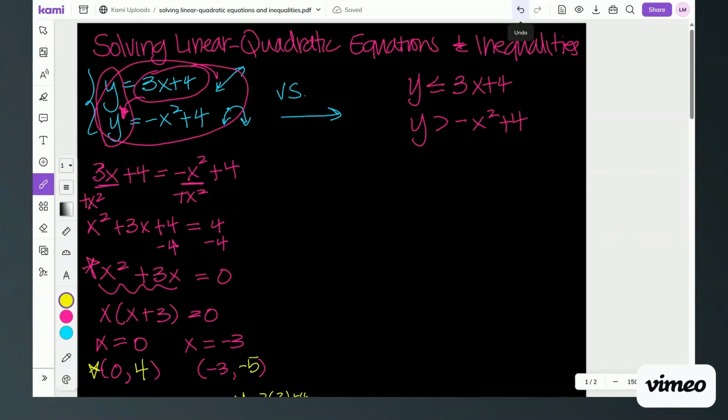Okay, so what's the difference in that and solving an inequality? So notice, exact same equations, but I have inequality symbols here.